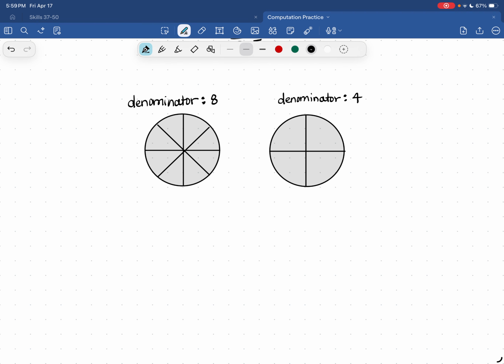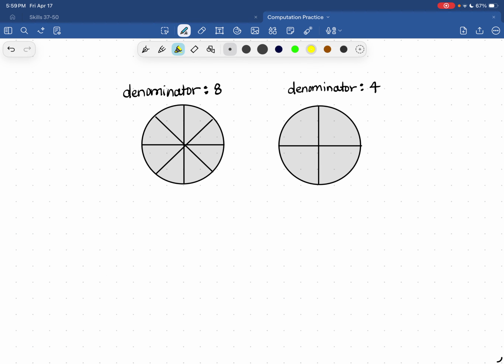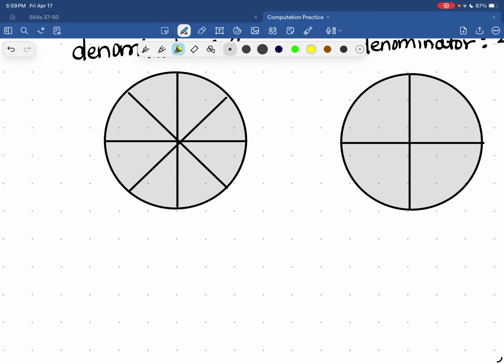All right, let's do some shading. Let's do, on this one, let's get 1, 2, 3, 4. Let's go ahead and do 4 of them.